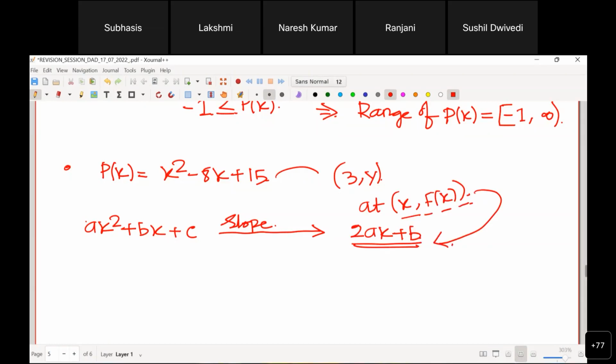So if you have a quadratic function like this, the slope will give you the slope of the tangent line at that point. So 2ax plus b is nothing but the slope of this line.